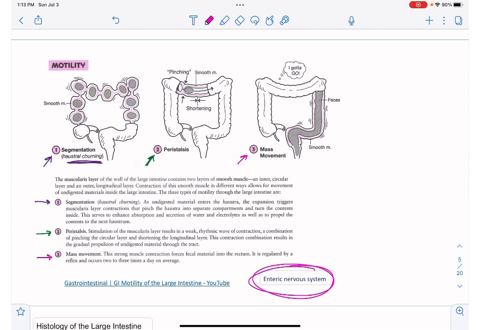And it's driving a lot of this motility, especially when it comes to peristalsis. Yes, there is coordination with the autonomic nervous system, but the enteric nervous system is largely involved in regulating this motility process, oftentimes independent of other parts of the nervous system.